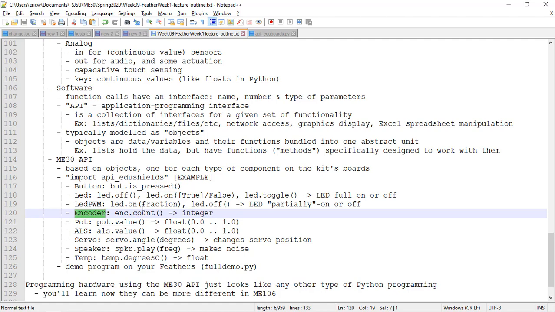So if at the beginning of the program the count was 0 and you turned it clockwise 3 clicks, then if you call the count function, it returns 3. And subsequently, if you turn it to the left 6 times, it would return -3 if you asked for the new count.